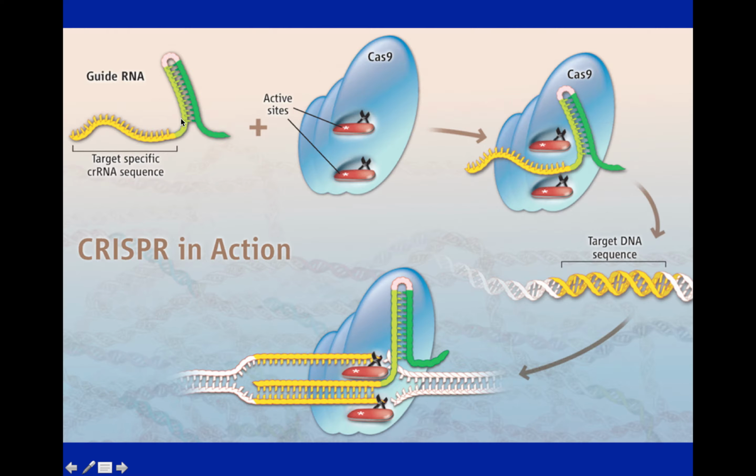So here's how the guide RNA and the Cas9 system works. It can work in higher eukaryotes as well. This guide RNA is what makes the Cas9 system target specific sequences in the DNA.